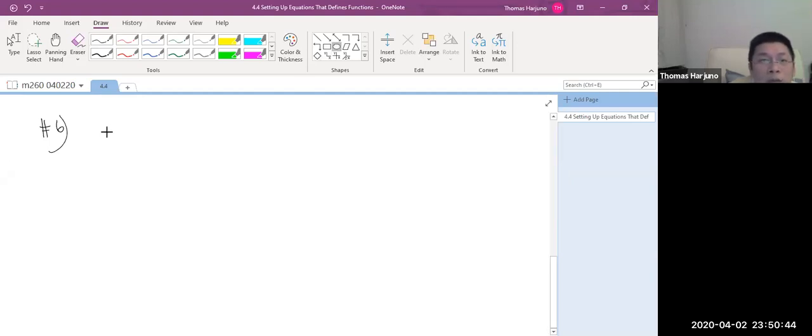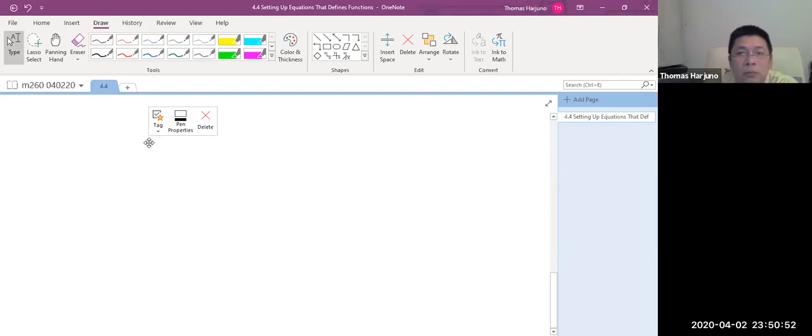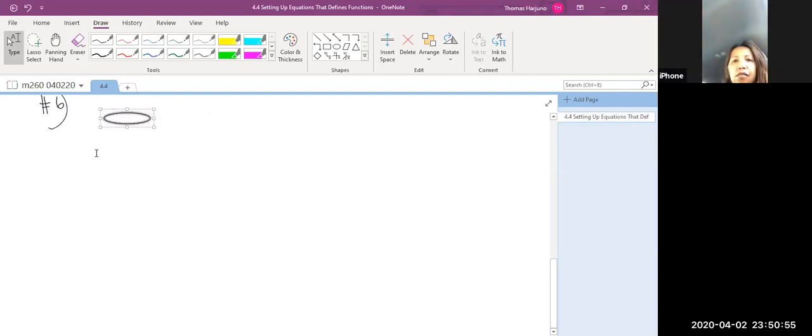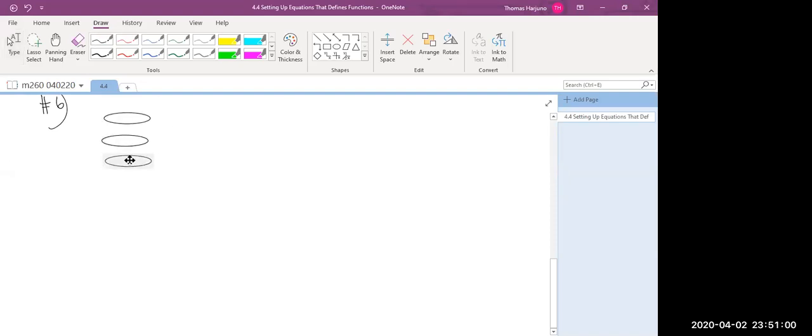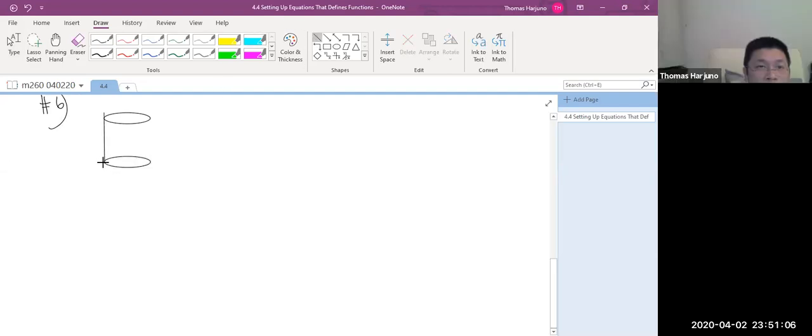So suppose I have a cylinder, a right cylinder means it's perpendicular to the base. Let's say I have a right cylinder, and then the volume is 12 pi inches cubed.